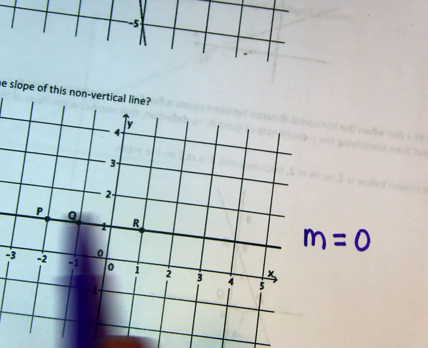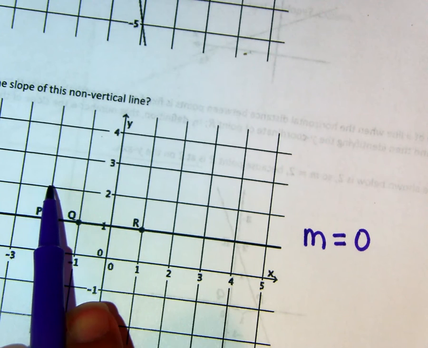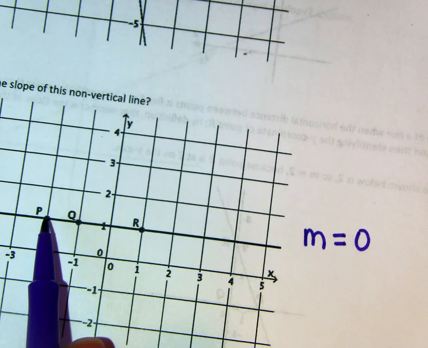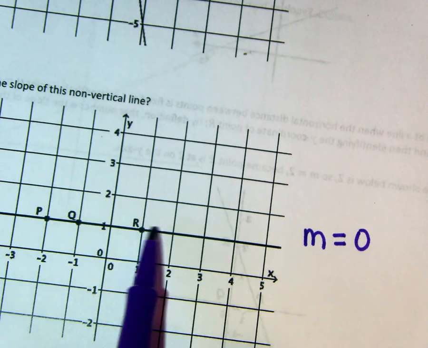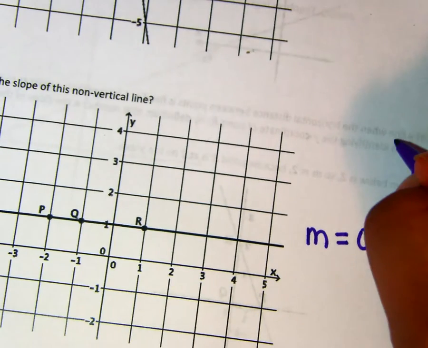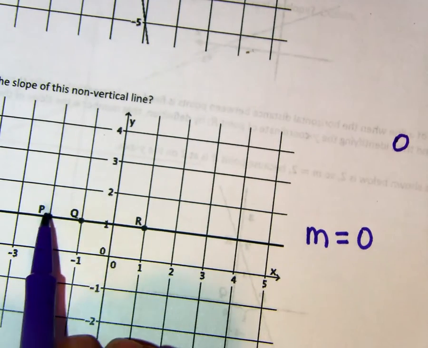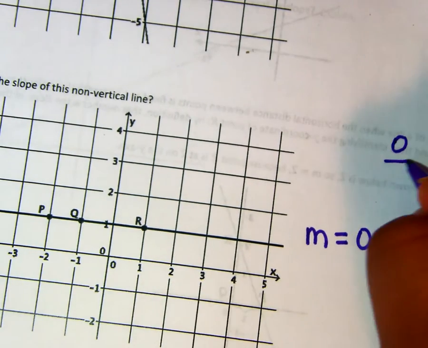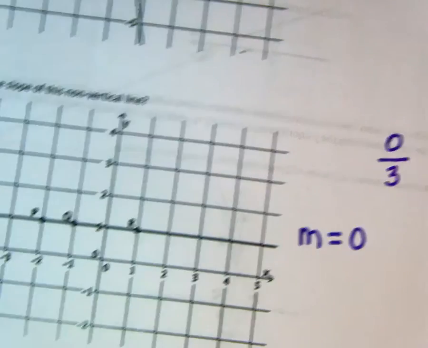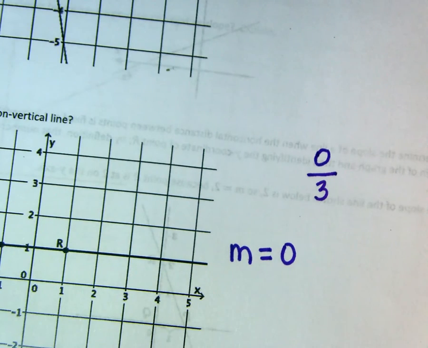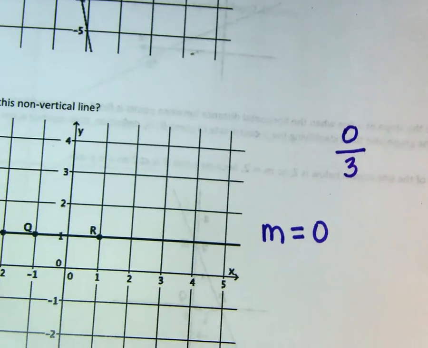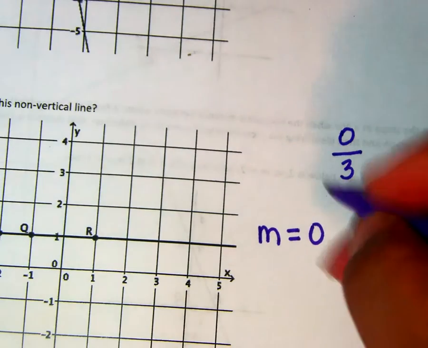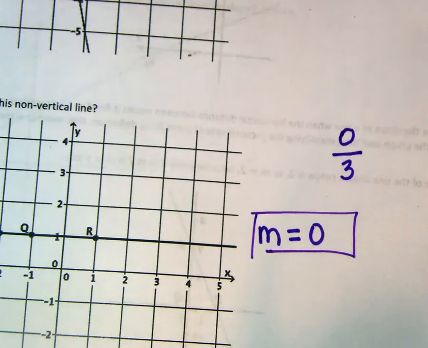For me to get from point P to point R, I don't need to go up anywhere. And I do need to go to the right. So when I go up, nothing, and I move to the right, 1, 2, 3, I'm dividing 0 by 3. 0 divided by anything is 0. The slope is 0.